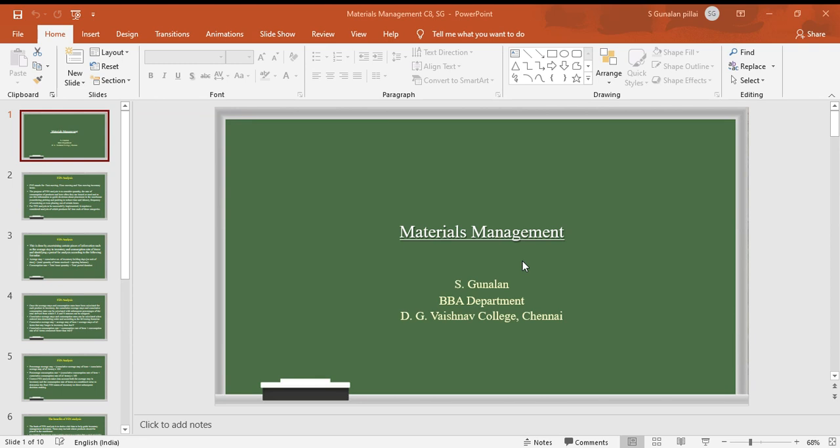If the company is doing material management in the right way, then we can expect that their financial, marketing and distribution systems are at an optimum level. That is the main important aspect of material management.